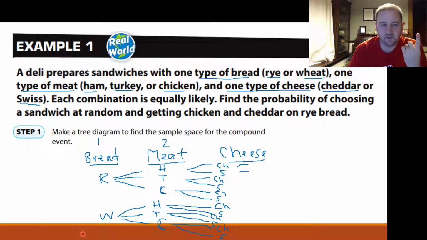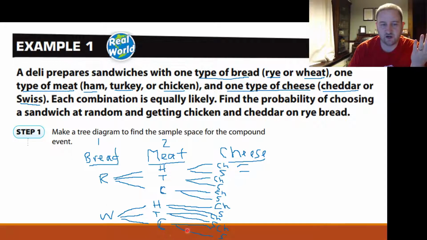Now down to the wheat breads. Wheat with ham and cheddar, that's the 7th outcome. Wheat with ham and Swiss, that's 8th. Wheat with turkey and cheddar, that's the 9th outcome. Wheat with turkey and Swiss is the 10th outcome.